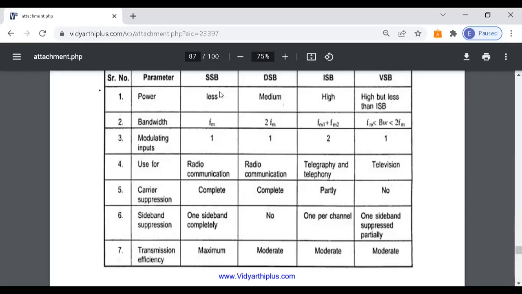Single sideband is less power. Single sideband: radio communication, USB. Television.